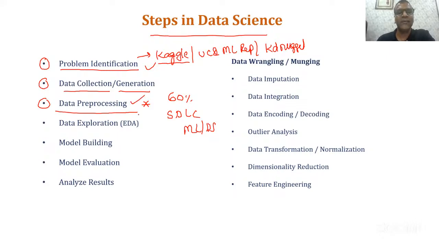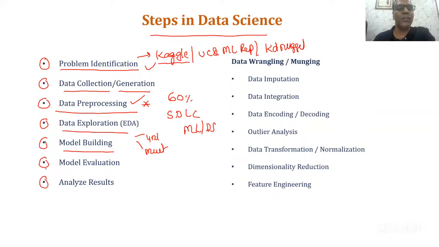After that, we go for exploratory data analysis, where we discuss univariate and multivariate data analysis. Then we go for machine learning, deep learning, or NLP model building. Then metrics for evaluation. Finally, we deploy our model onto the server and analyze the results.